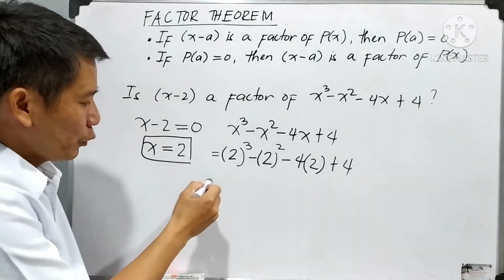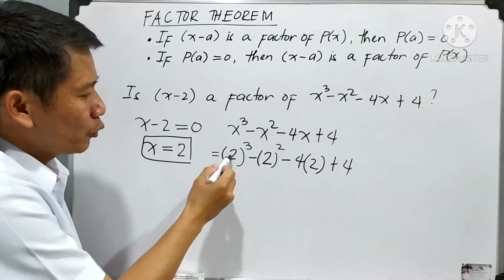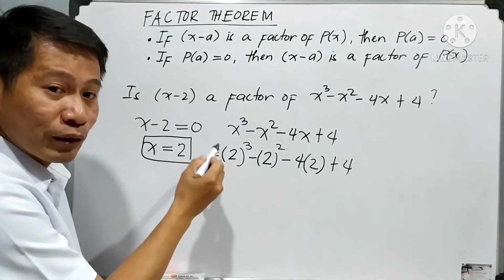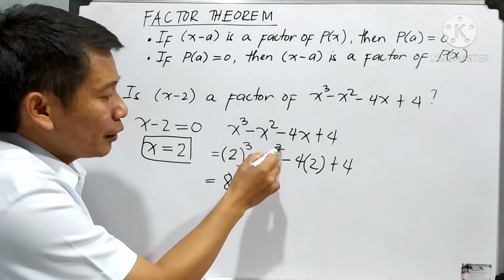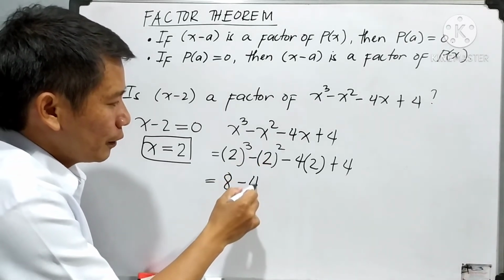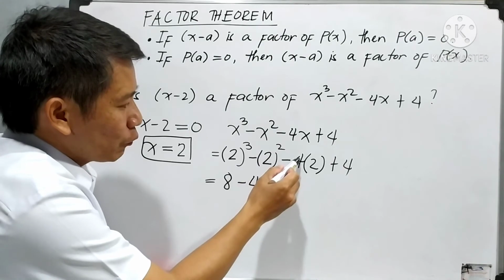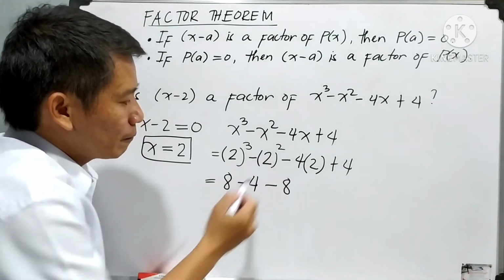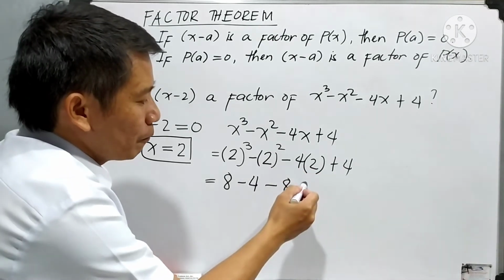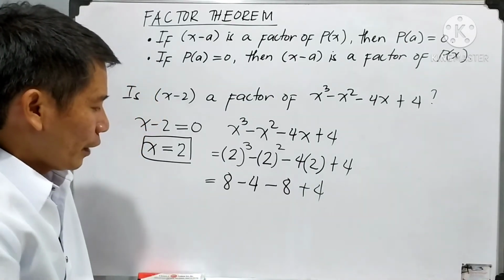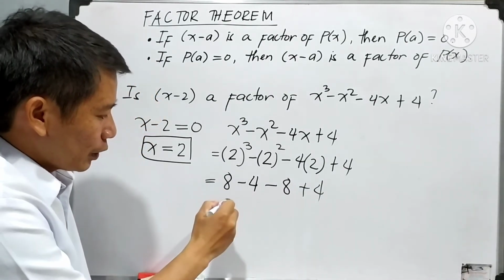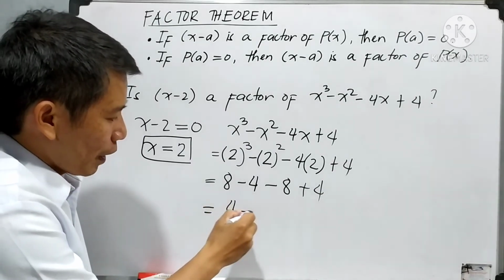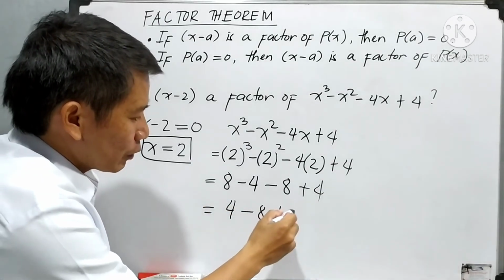So let's compute. What is 2 cubed? 2 cubed is 2 times 2 times 2, and that is 8. Minus 2 squared, so 2 times 2, that is 4. Minus 4 times 2, that is 8. And then we have plus 4. Alright, let's compute. 8 minus 4, that is 4, minus 8, plus 4.